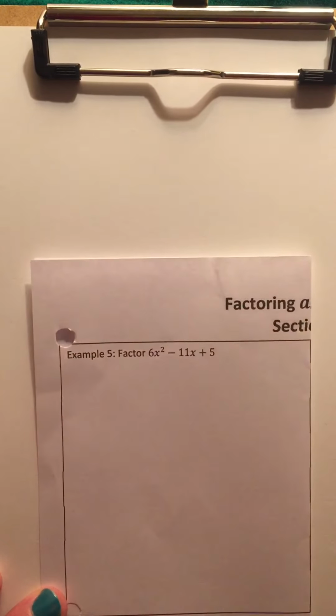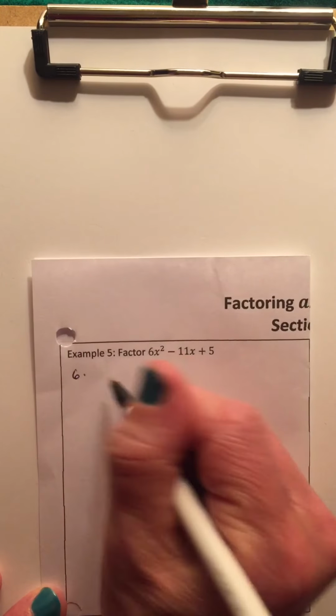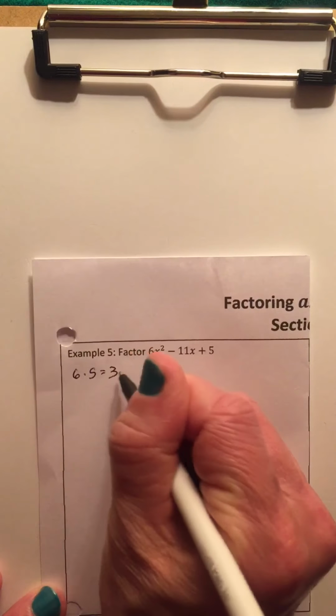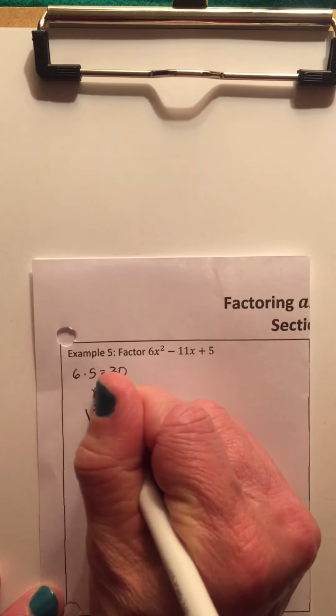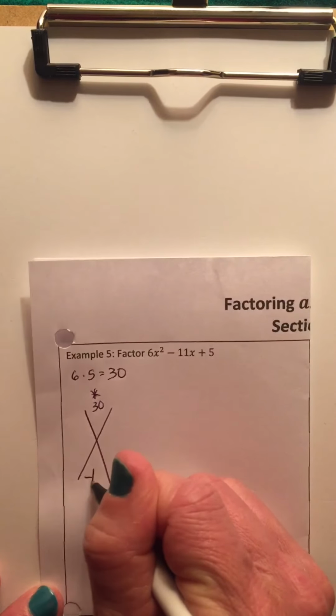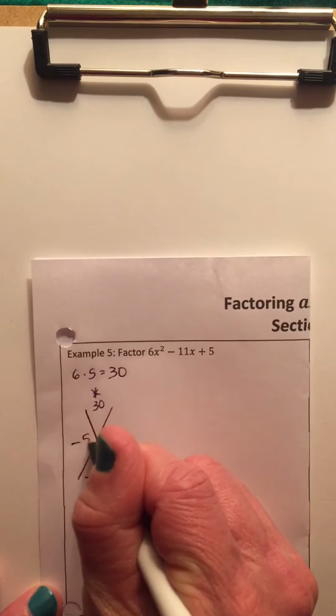Example 5. We're going to factor 6x squared minus 11x plus 5. We'll start by 6 times 5 is 30. So the question is what multiplies to 30 and adds to negative 11? 5 and 6, negative 5 and negative 6.